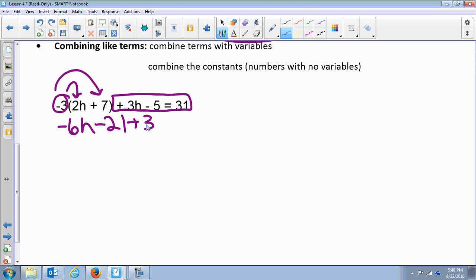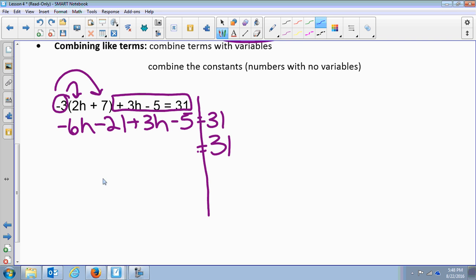So I have plus 3h minus 5 equals 31. Now that I'm looking at it, I'm going to say, okay, can I combine anything on the same side? When I say same side, I mean the same side of the equal sign. So you have a left side, you have a right side. On the right side, all I have is 31, so I just bring that down.